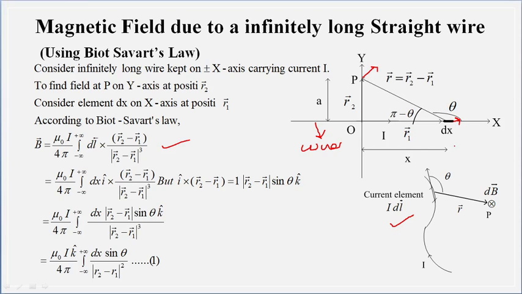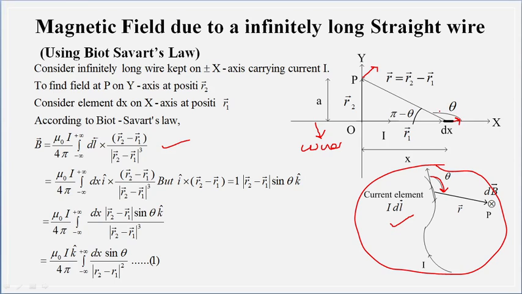The angle between the element and the line from the element to the point where we are finding the magnetic field is theta. We have translated this part and marked it according to the main diagram.